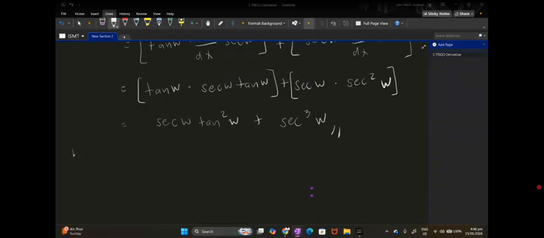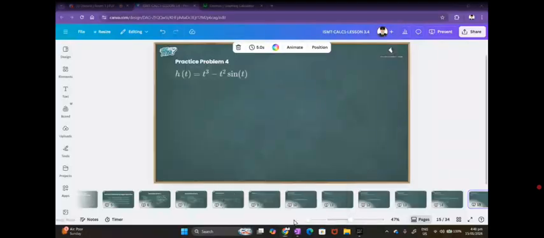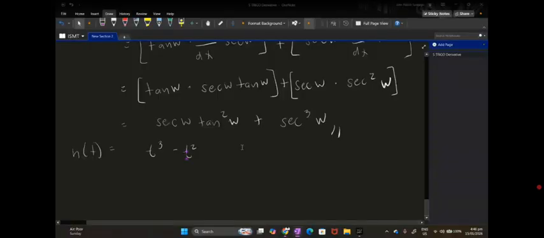Sabihin nyo lang guys pag masyadong mabilis. So, t cubed minus t squared sine t. So, para madali, okay. So, let's get the derivative first. So, the derivative ng t cubed minus the derivative ng t squared sine t.